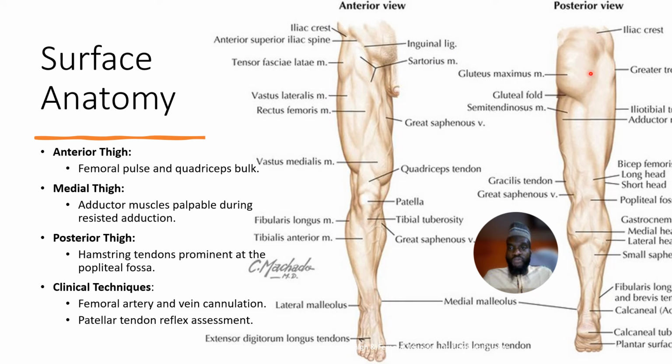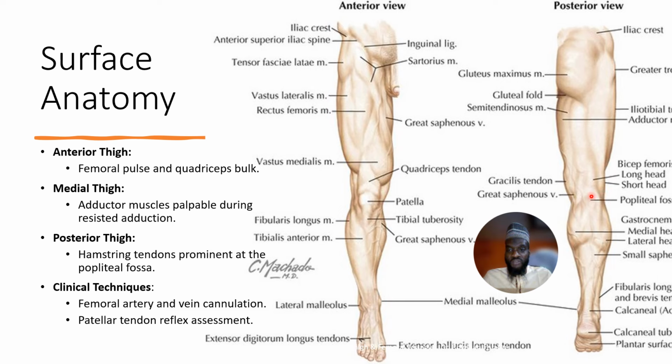When you look at the posterior view, you can appreciate the iliac crest again, the gluteus maximus muscle, the greater trochanter, the iliotibial band, right? Then you have the adductor muscle bulk here, and the biceps femoris muscle, the long head as well as the short head, which is slightly more lateral.